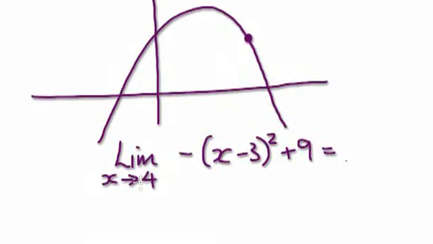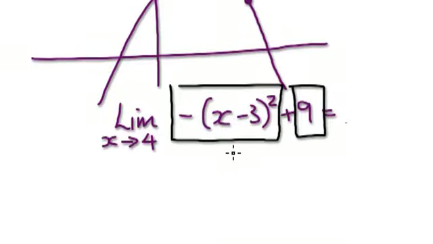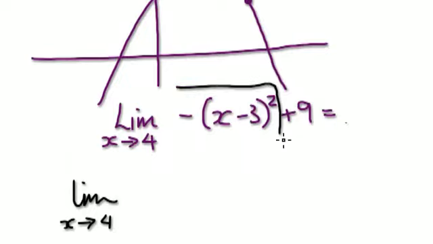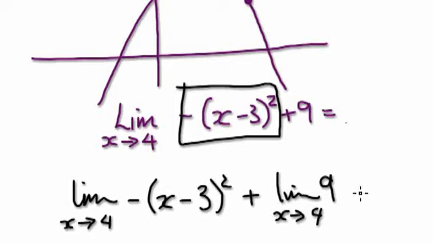Okay, and then soon we will develop theories where you can visualize it like this. So here you've got your function. Break the function up into two different components. Now from here we can do something like this: the limit as x tends to 4 of this part, plus the limit of 9 as x tends towards 4.